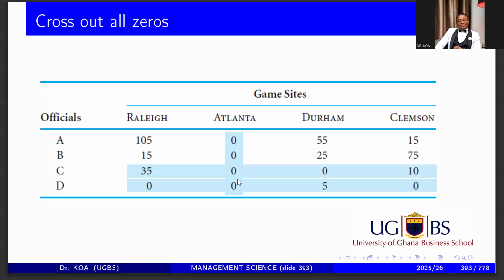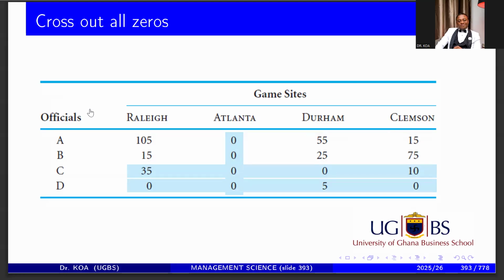Okay, let me go back here. You are going to take that 15, you subtract the 15 from everybody. Now, why did we take the 15? The reason why we took the 15 is that the number of crossings that we did were not up to 4. They are 4 by 4, but we didn't get 4 lines.